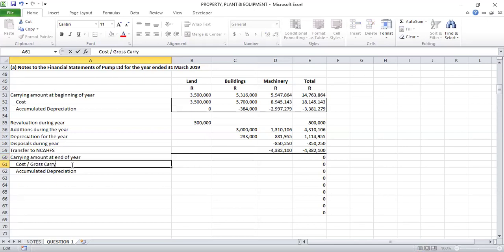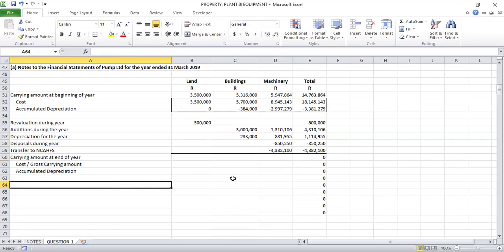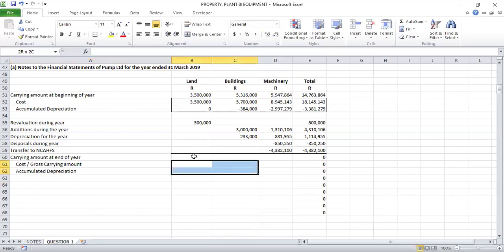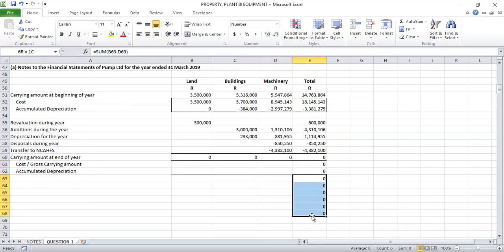We only include the gross carrying amount if there was a revaluation on our land, because we now have one asset which is no longer at cost.